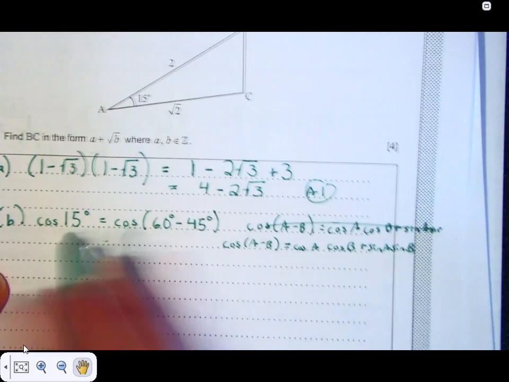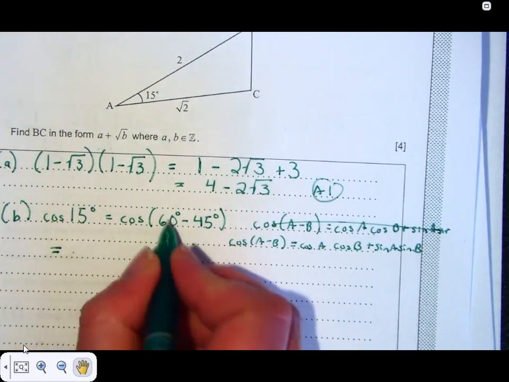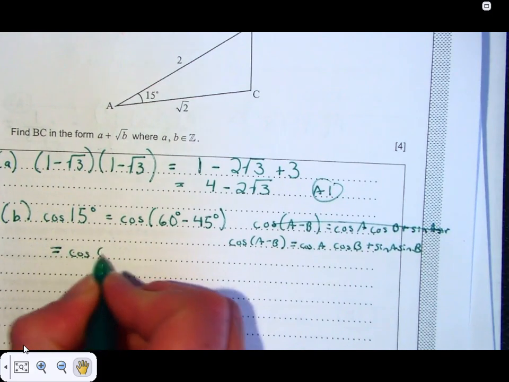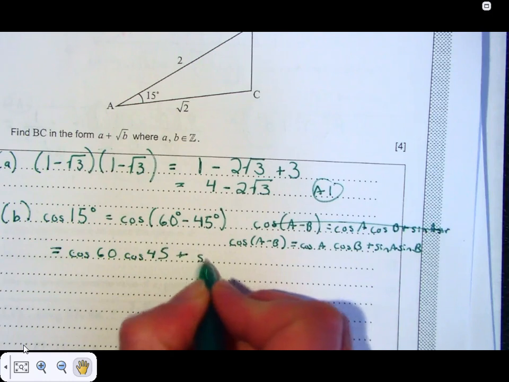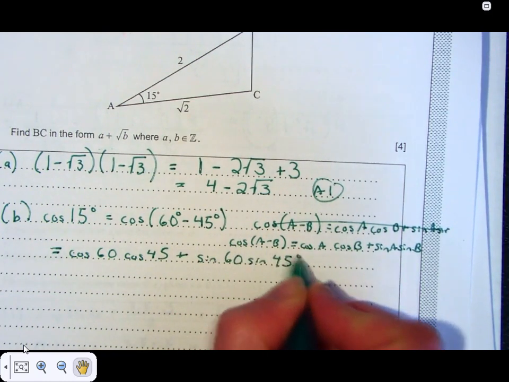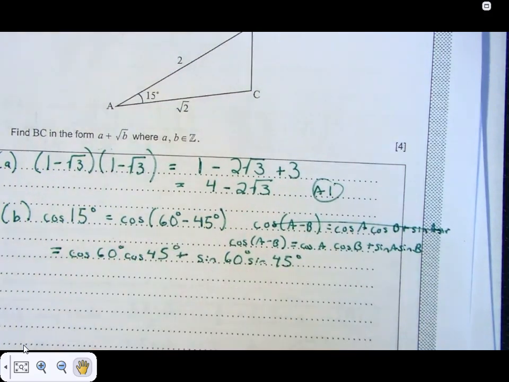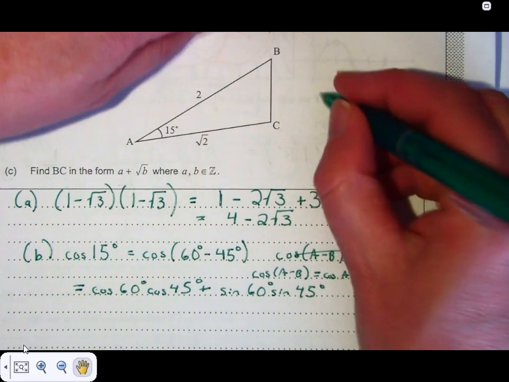So when I do this, I might as well have written it right there because I don't have room anyways. So for me, this is going to be cosine 60 cosine 45 plus sine 60 sine 45. So I definitely need to know my unit circle values.